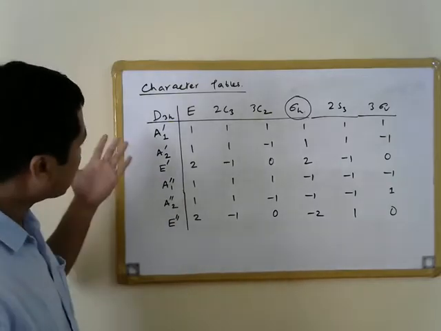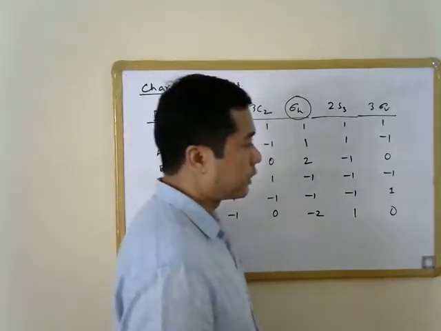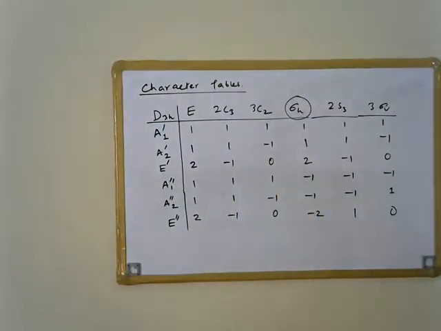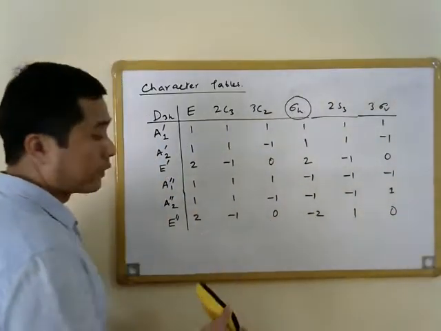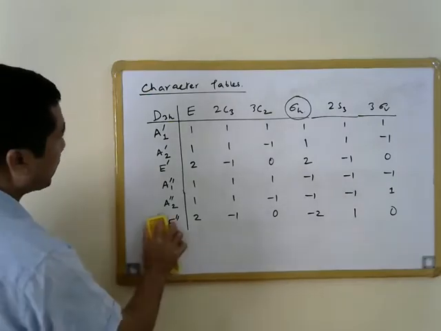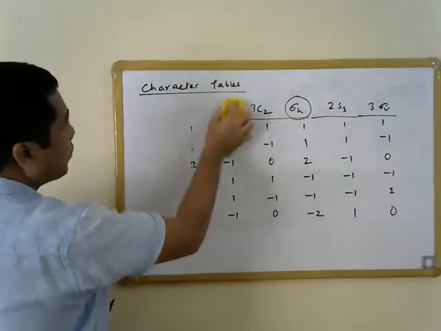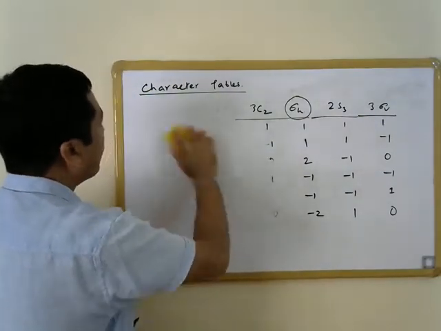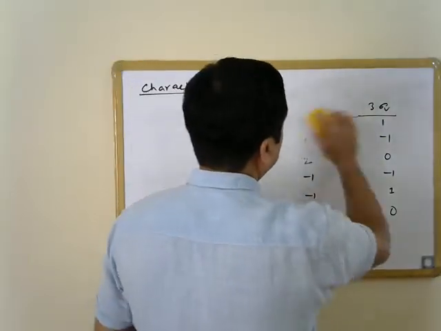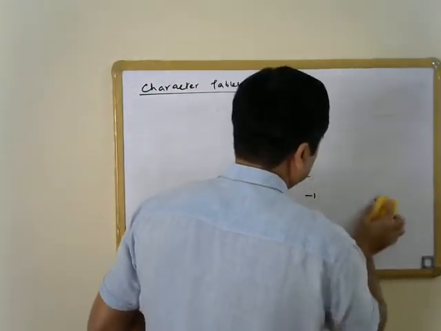So that is how we can distinguish different irreducible representations in the D3h point group by writing different Mulliken symbols. But then again, in point groups where there is no sigma h, we cannot use this rule.